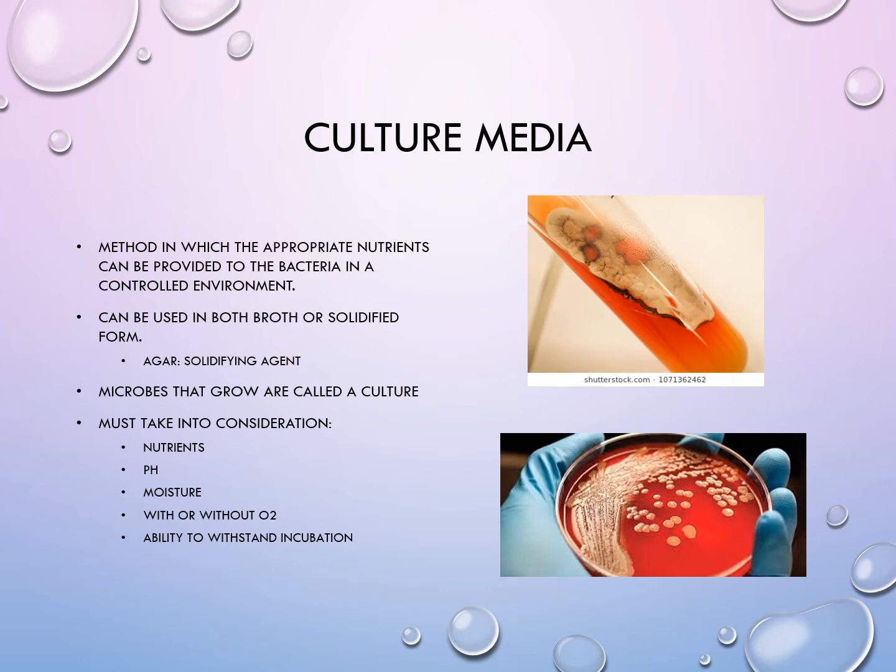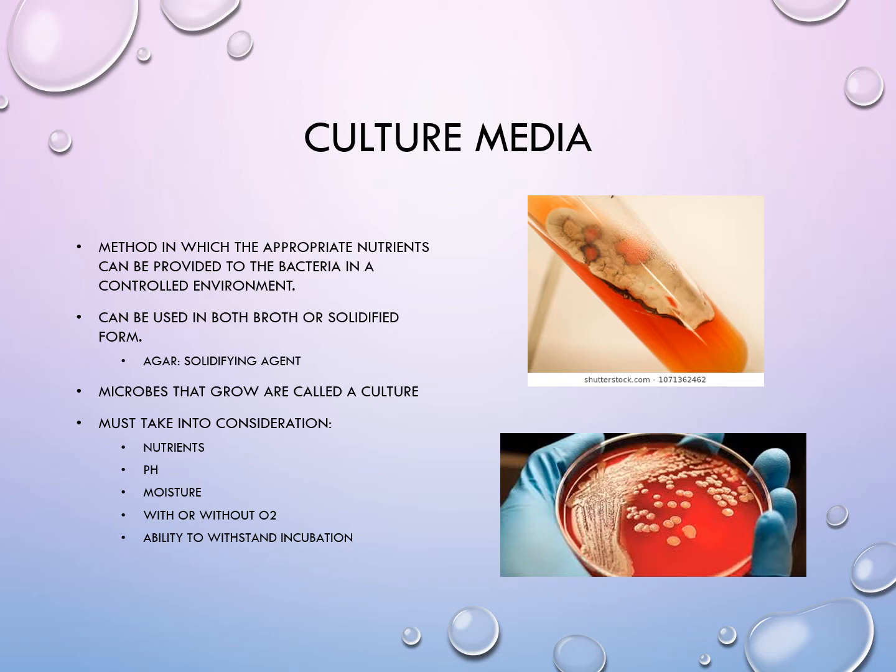So interestingly, Robert Koch and his associate Walter Hess were credited with the discovery of agar, but it was really Hess's wife that gave them this great idea for something besides these liquid broths that they had been using. And so Hess's wife told him that her grandmother used to make jam, and she needed a way for it to stay solid in the hot tropical environment where she lived, and she used something called agar.